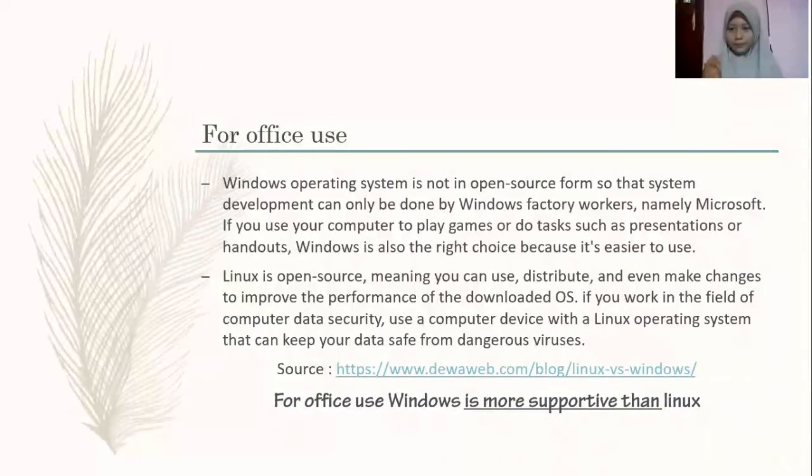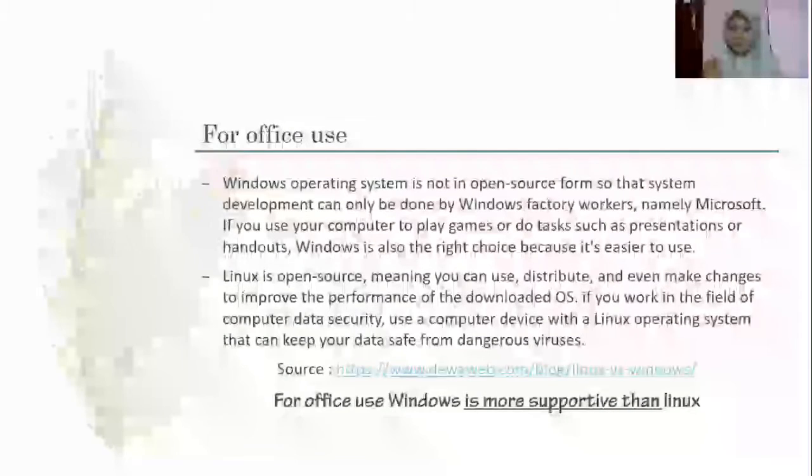Linux is open source, meaning you can use, distribute, and even make changes to improve the performance of the operating system. If you work in the field of computer data security, use a computer with a Linux operating system that can keep your data safe from dangerous viruses. For office use, Windows is more supportive than Linux.